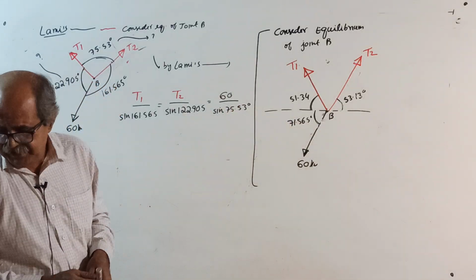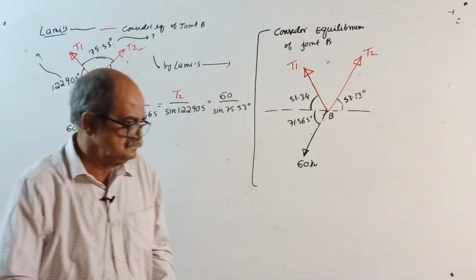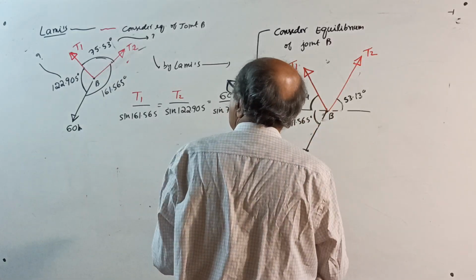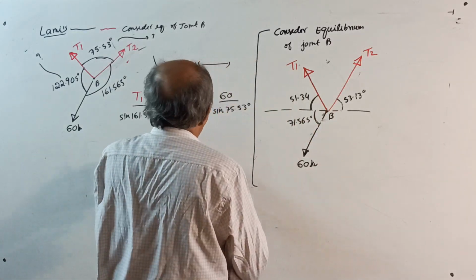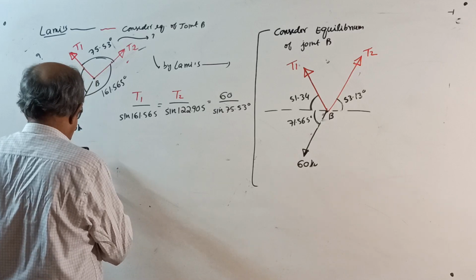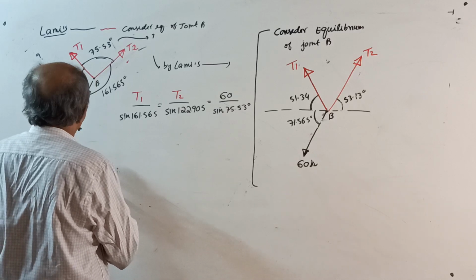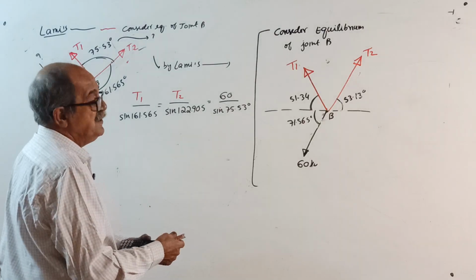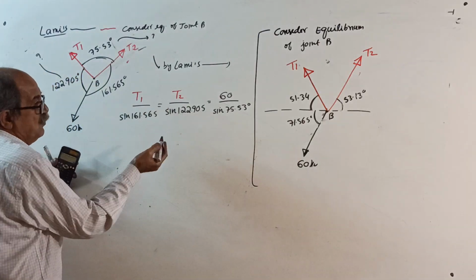Is 75.53 correct? One minute, we'll check the answer. 75.53 plus 122.905 plus 161.565 is perfectly 360 degrees.